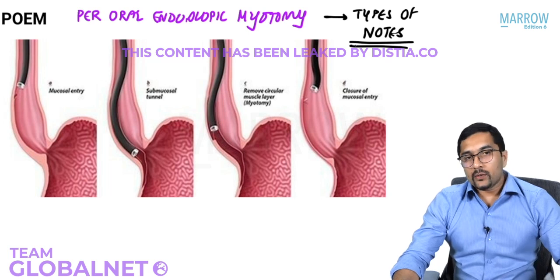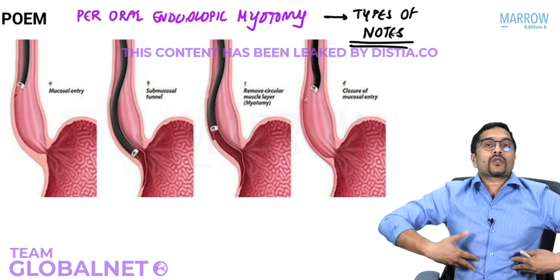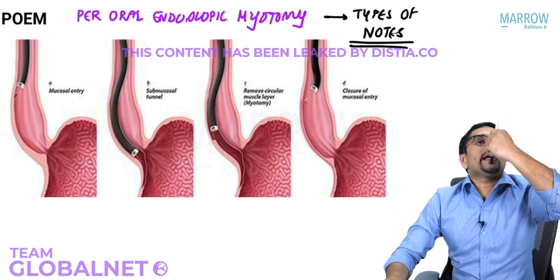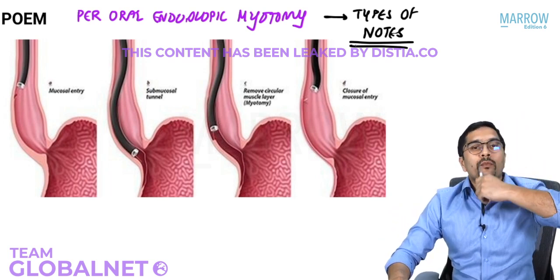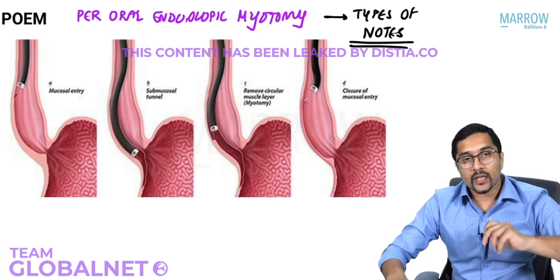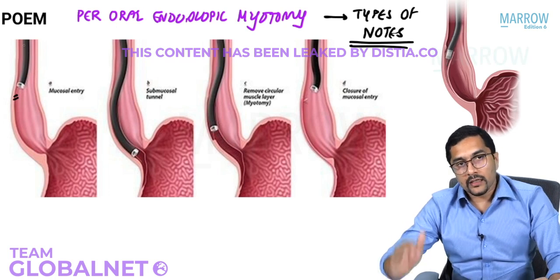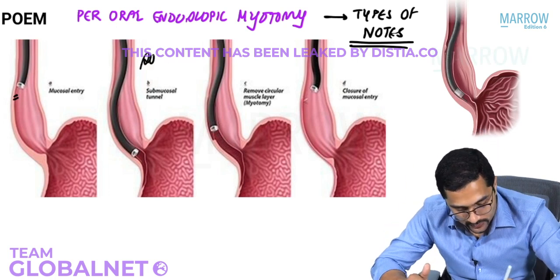So what exactly do we do in this? We are not doing laparoscopy and we don't make scars over the abdomen. We go endoscopically: we put an endoscope into the esophagus, then we cut the mucosa and create a submucosal tunnel.